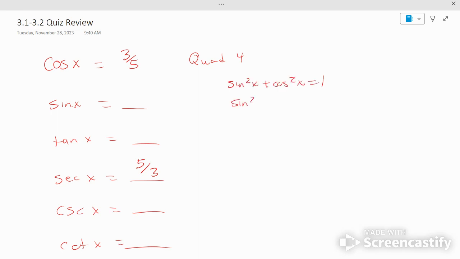So sine squared of x plus 3/5 squared equals 1. What's 3/5 squared? 9/25. So I'm going to subtract 9/25 from each side.